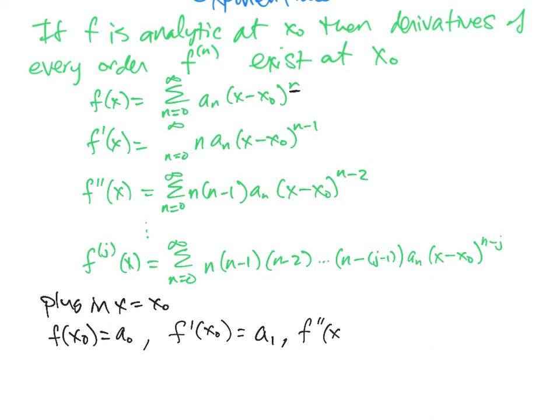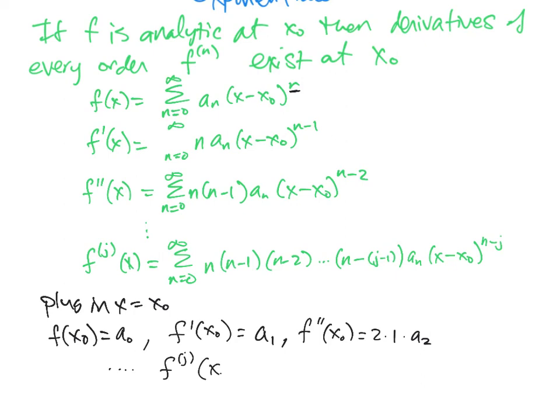F double prime, we're going to kill off everything except for when n equals 2. So then we get 2 times 1 times a_2. Yada, yada, yada.